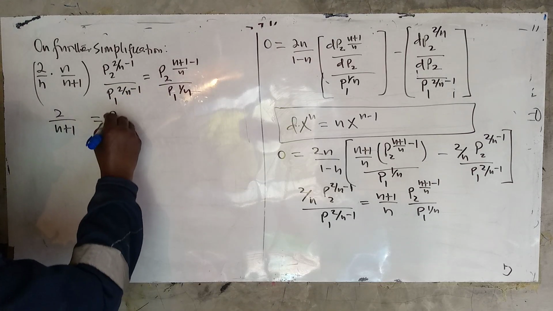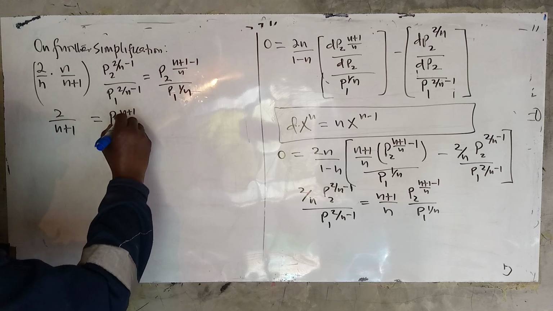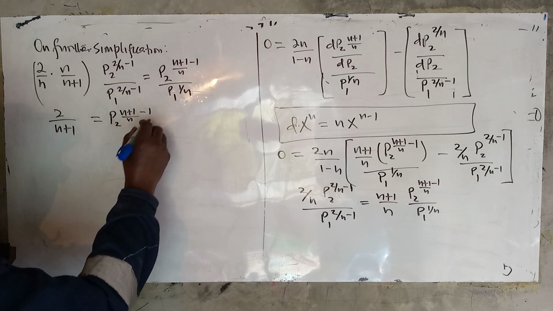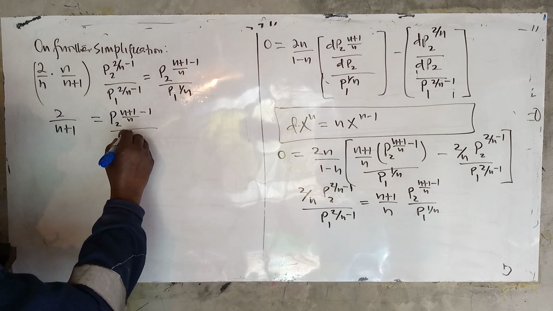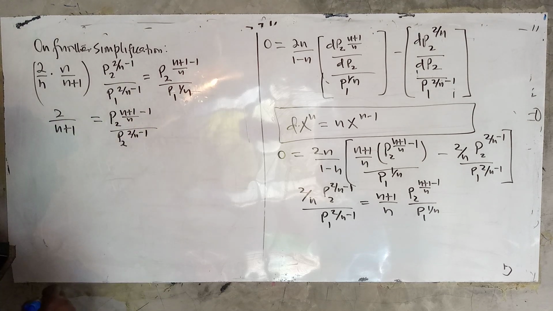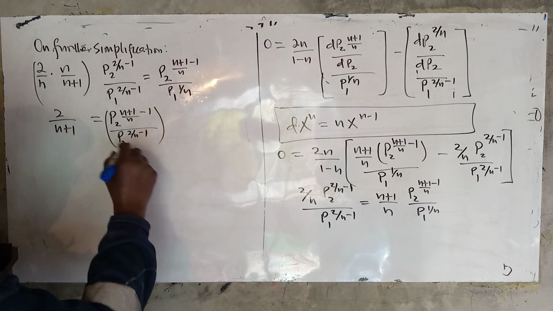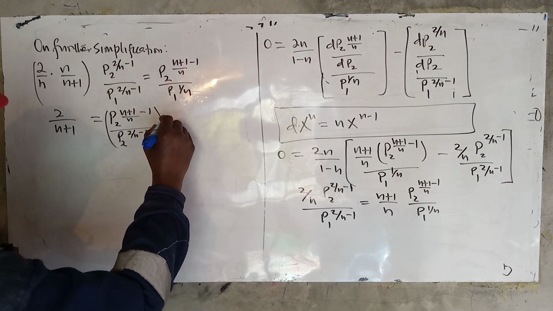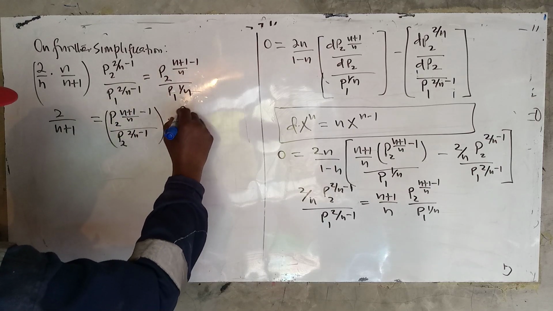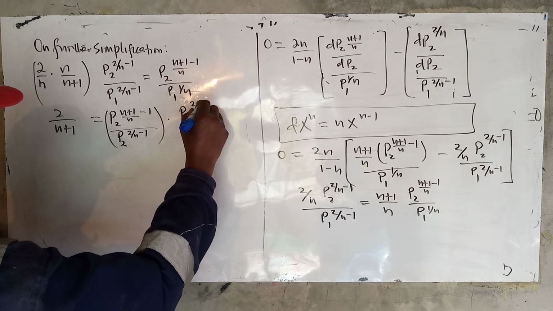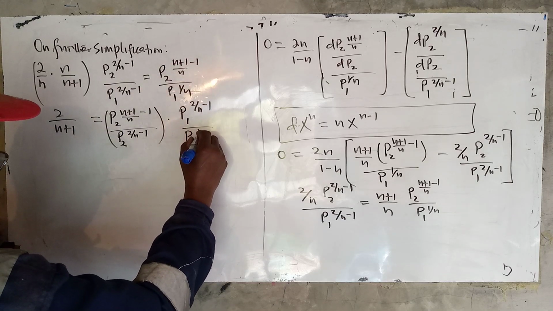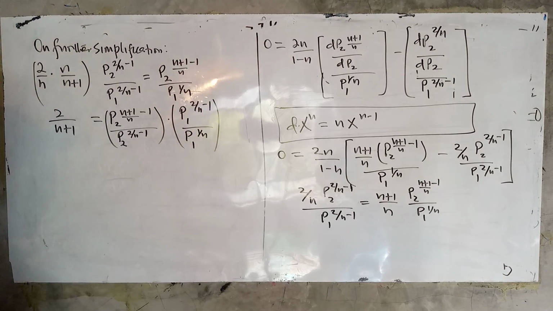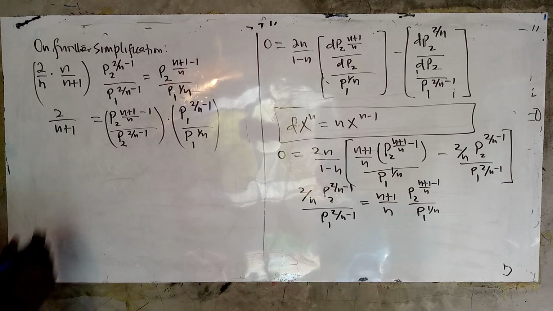So we have P2 n plus 1 over n minus 1 divided by P2, 2 over n minus 1, and we have P1, 2 over n minus 1 over P1, 1 over n. So we have just collected the two terms. Let's try to simplify it.